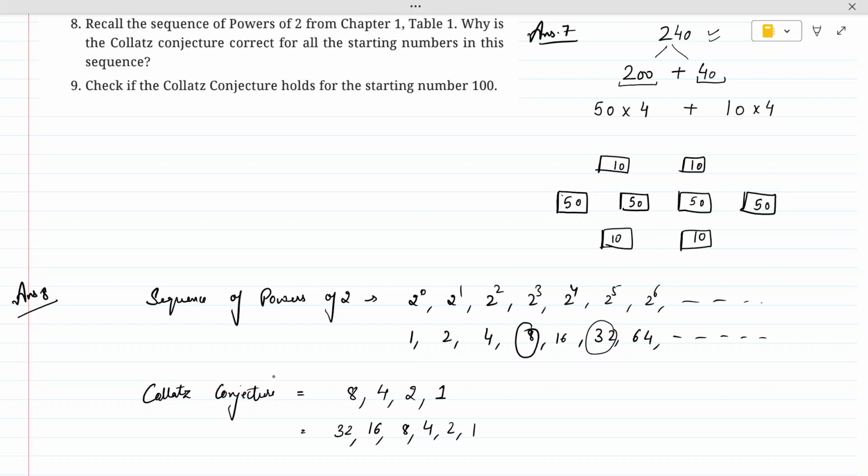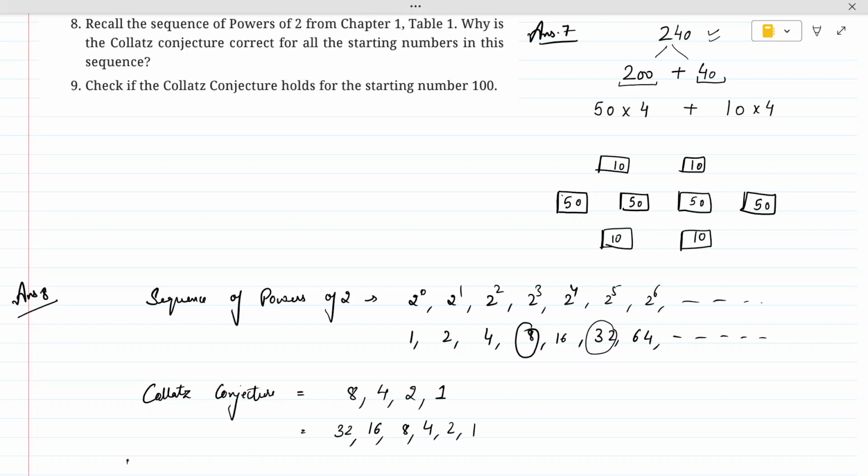So kids, why is this true? Why is it happening? Basically, whenever we divide any number by 2, we are reducing the power and making it close to 1.